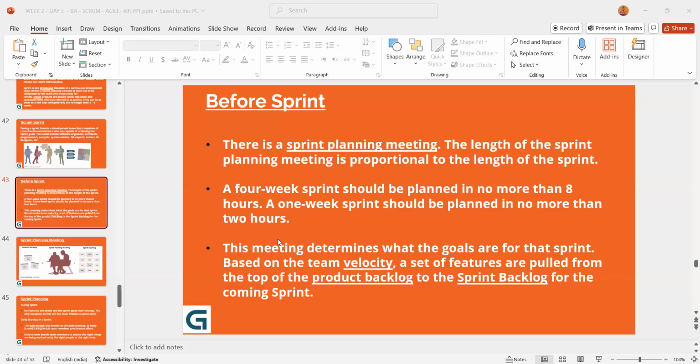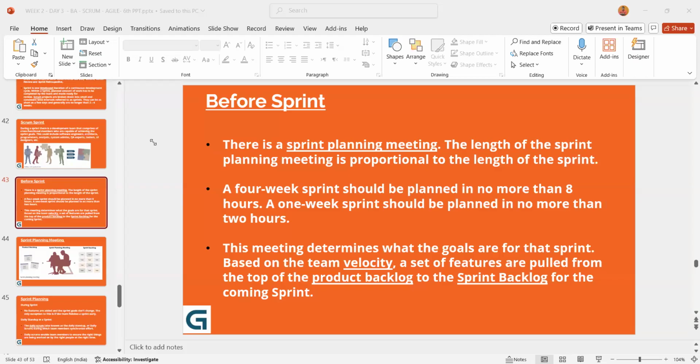Okay, coming back to this, your sprint planning meeting duration will always be double the number of weeks, in terms of hours. Sprint is always calculated in terms of what, everyone?